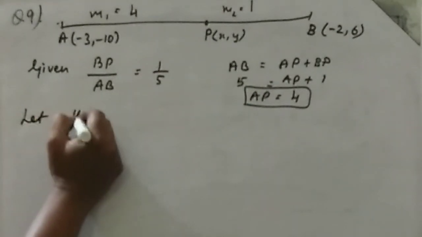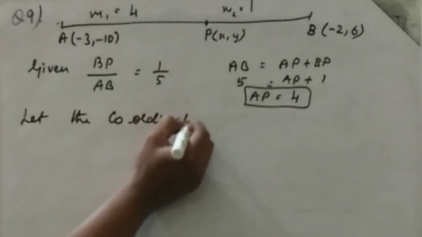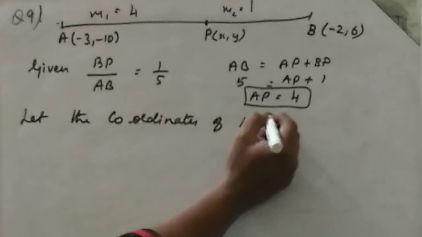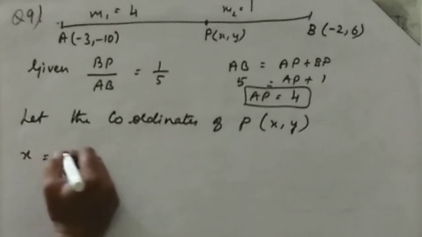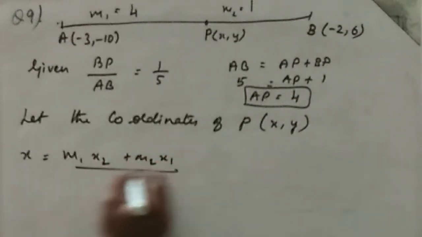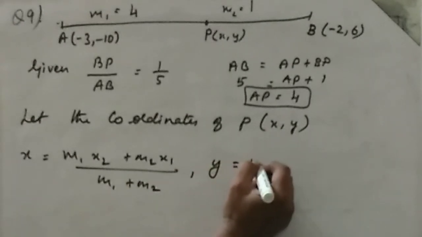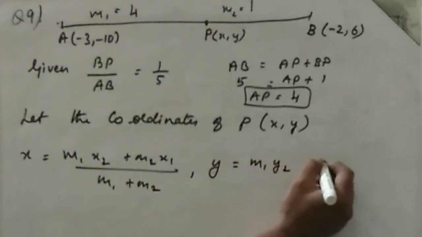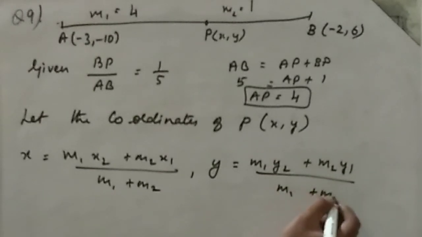Let the coordinates of P be (X, Y). Now X is equal to (M1 X2 plus M2 X1) upon (M1 plus M2), and Y is equal to (M1 Y2 plus M2 Y1) upon (M1 plus M2).